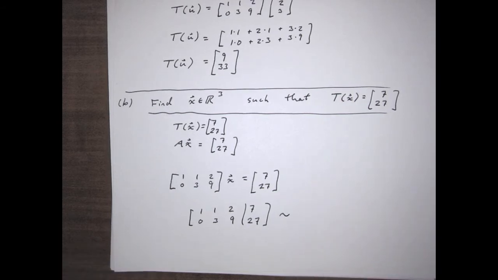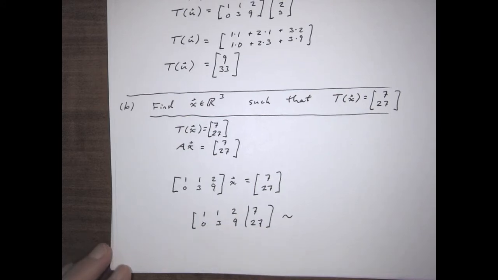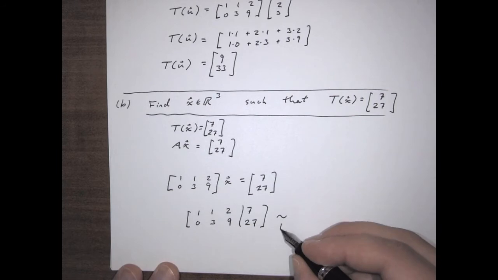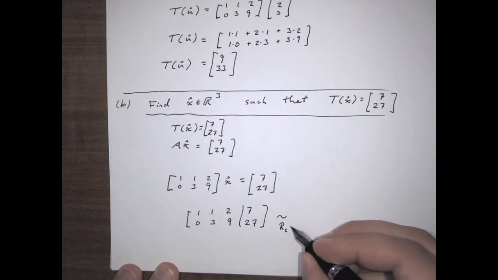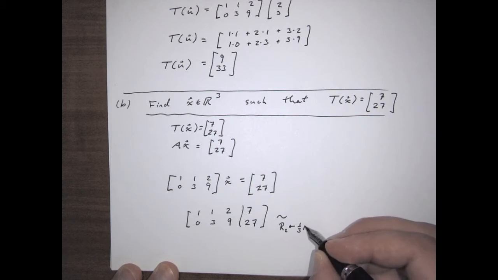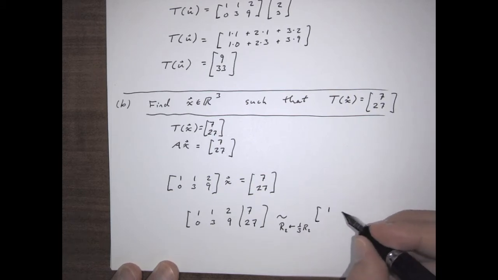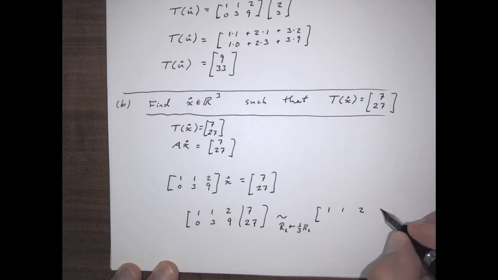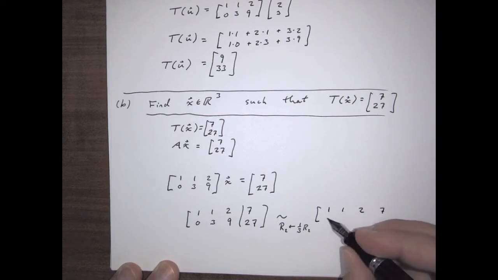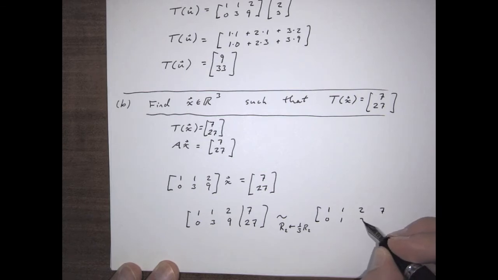So here we've actually got a pretty good looking first row already. The second row though is burdened by a factor of 3 that we can undo. So we'll just take R2 and make it a 1/3 of its former self. So that'll make it more pivoty. And so that'll give us 0, 1, 3, 9.